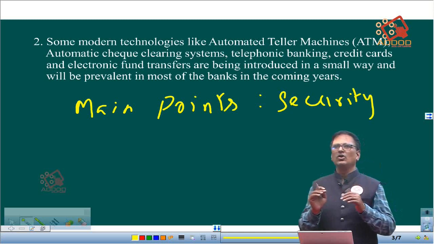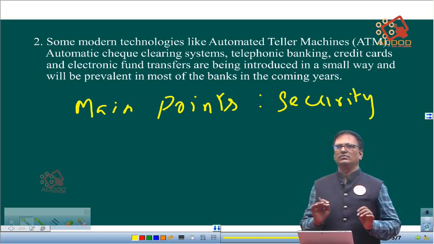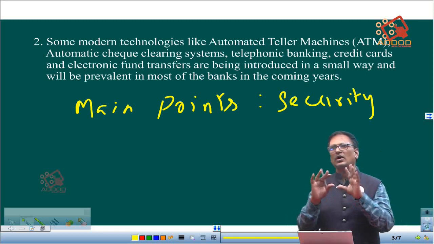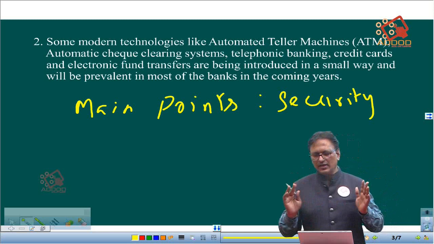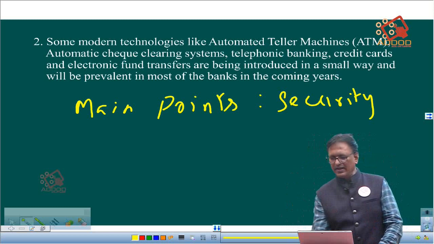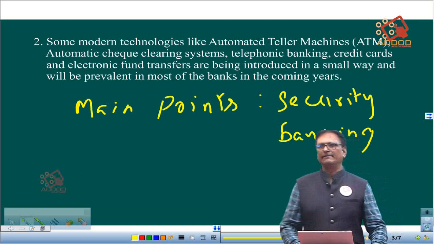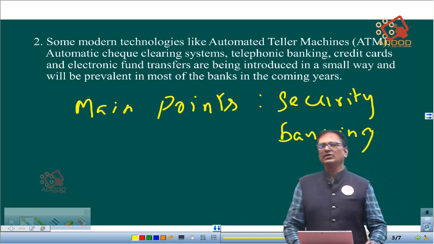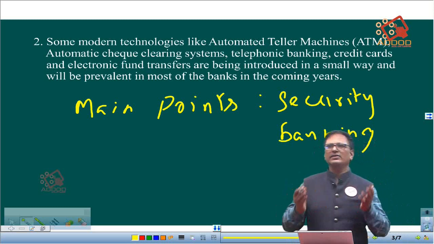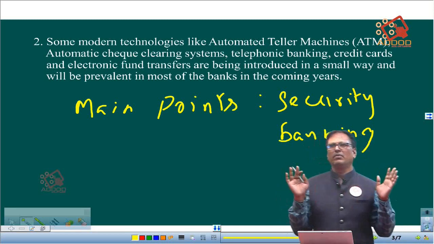For this annotation, don't write points about it being cheaper. Security, or safety, is the very important point you have to highlight throughout this annotation's answer. Security is one thing, and you should also write about the banking sector. This annotation is specifically highlighting this sector called banking, because among service sectors, one is banking service, and this is what in the second annotation he has made an important aspect.